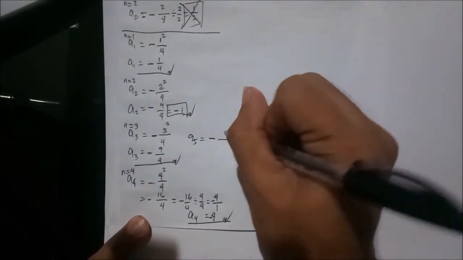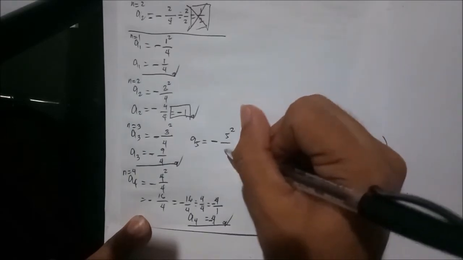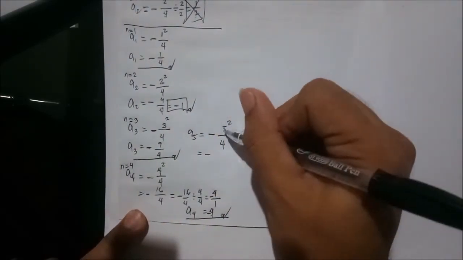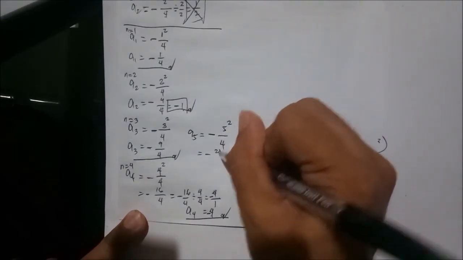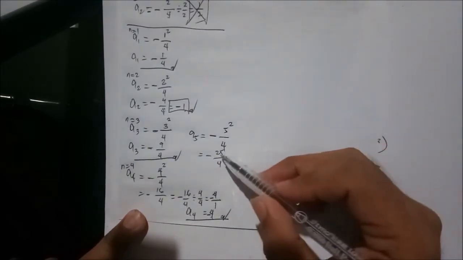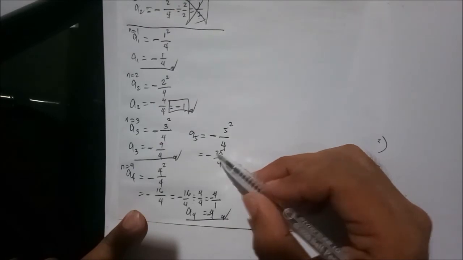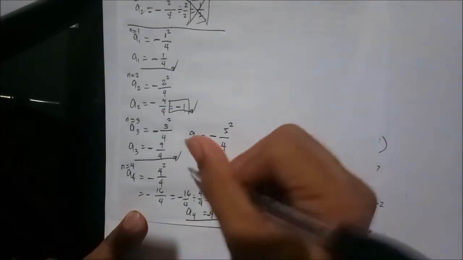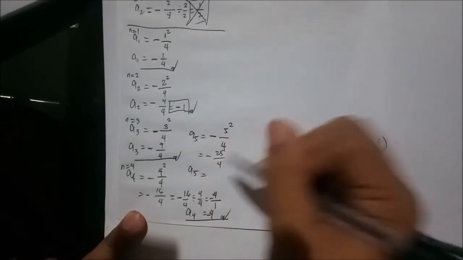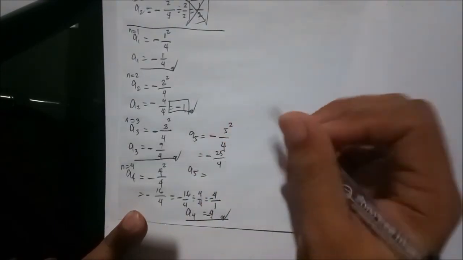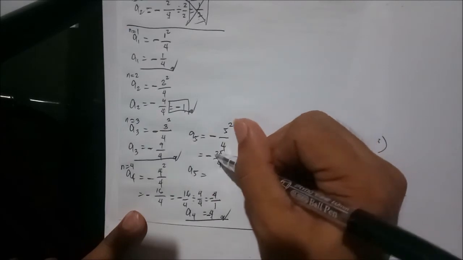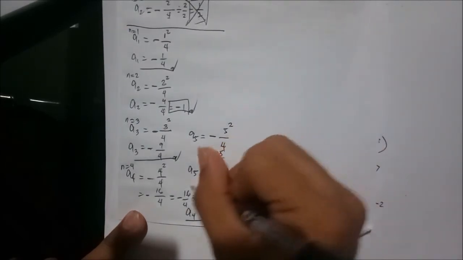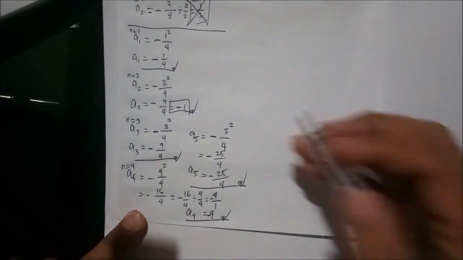Negative 5 to the power of 2 over 4 equals 25 over 4. Can you simplify 25 over 4? No. So a sub 5 equals negative 25 over 4 is the final answer.